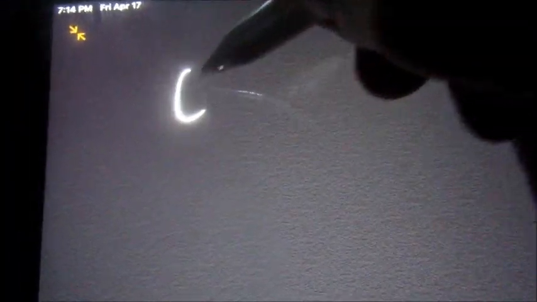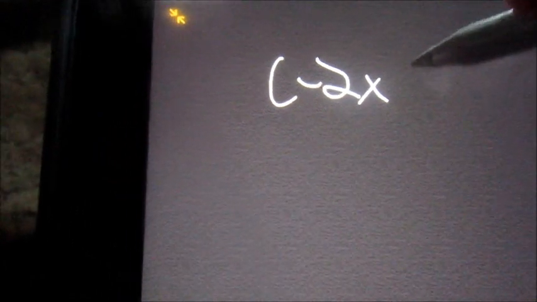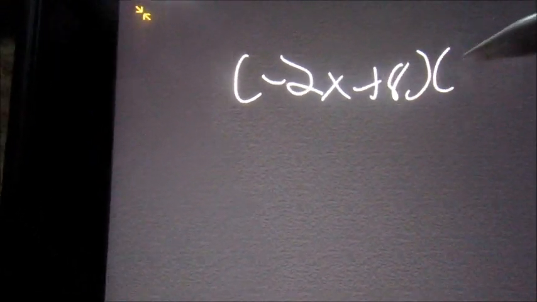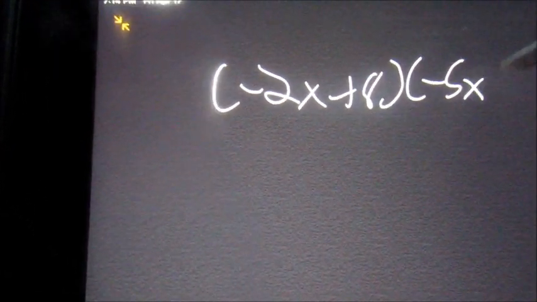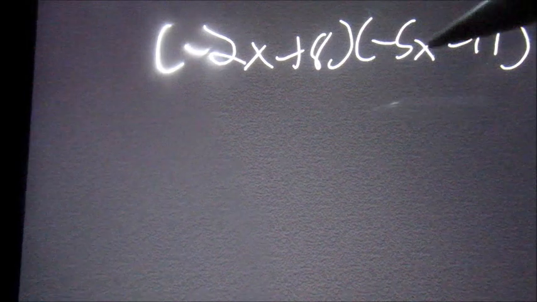Okay, so let's do one that has a few more negatives in it. Let's say that we have negative 2x plus 8 times negative 5x minus 11. So first, negative 2x times negative 5x.